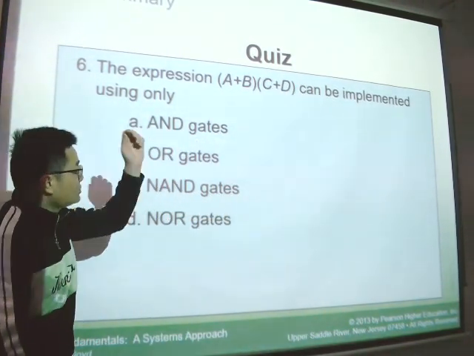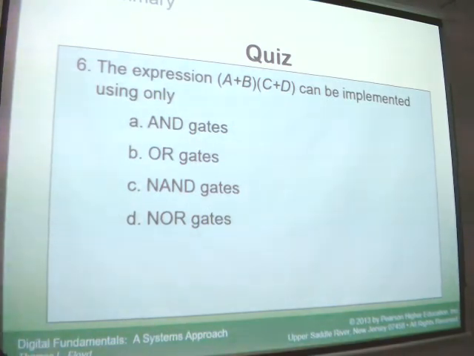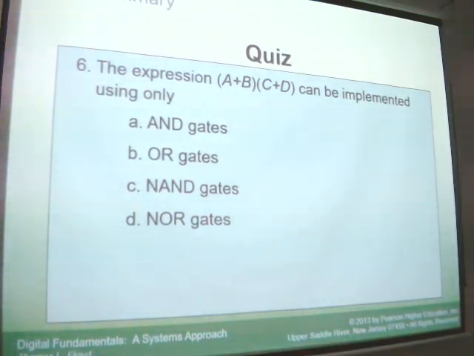So 2 OR gates and 1 AND gate. How to convert the expression?